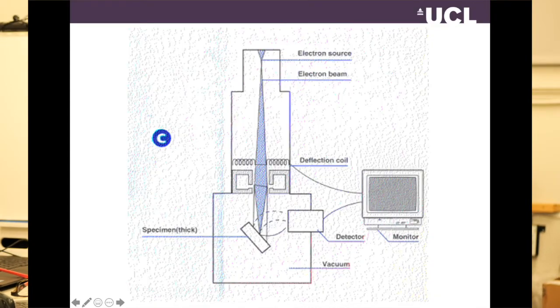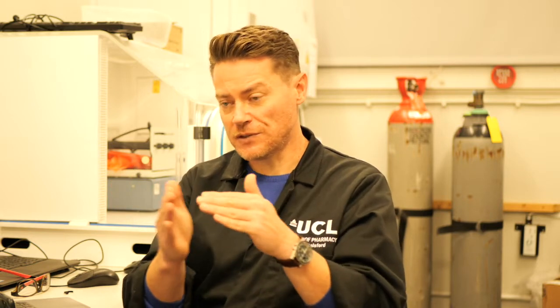A scanning electron microscope is slightly different in its setup, and there's an image on the screen to show you what that looks like. And the reason it's different, as I alluded to already, is because we don't irradiate the whole sample with electrons in one go. That would be quite damaging for the sample, and also it would mean that the electrons can scatter in multiple directions, and we wouldn't really be able to condense them back towards the eyepiece.